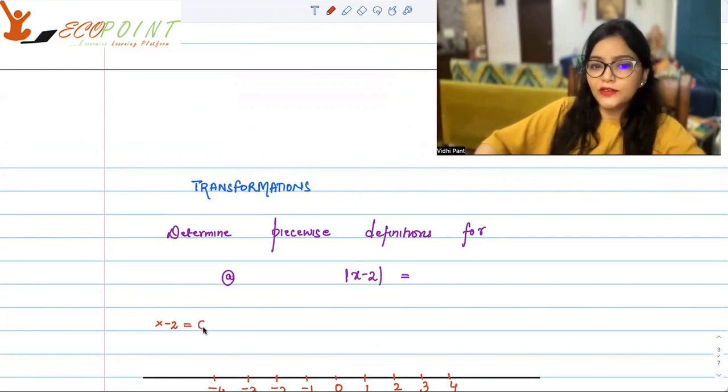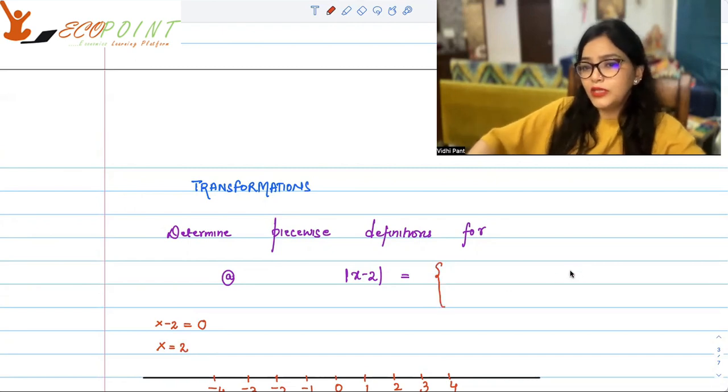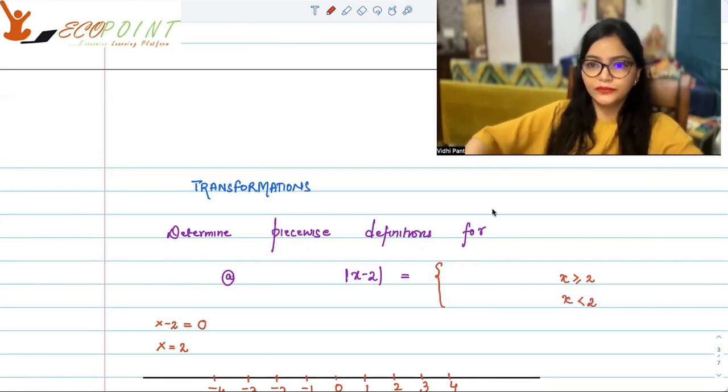When x minus 2 is equal to 0, that's my critical point where some change is happening in this function. So x equal to 2 is that critical point, which means that I'm going to define this function for x greater than or equal to 2 and for x less than 2.